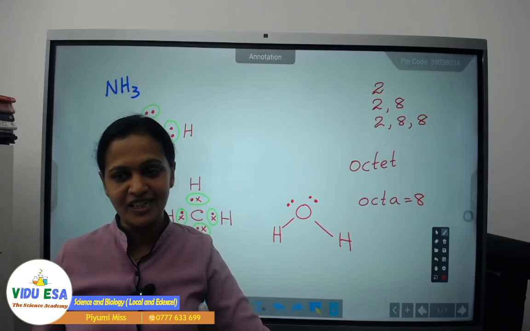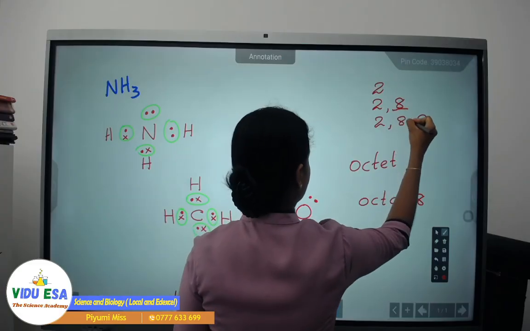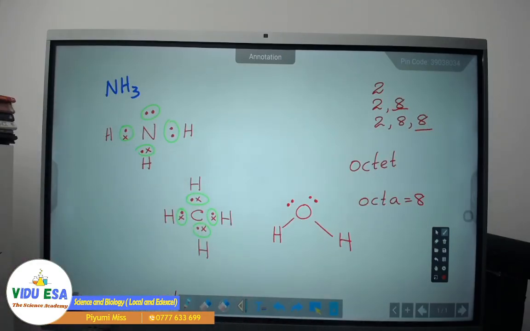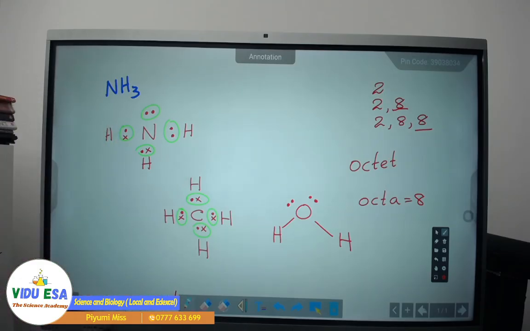Most of the others have to complete 8 electrons in the outermost energy level. In the table, most of them have completed these 8 electrons. The central atom has completed 8 electrons.